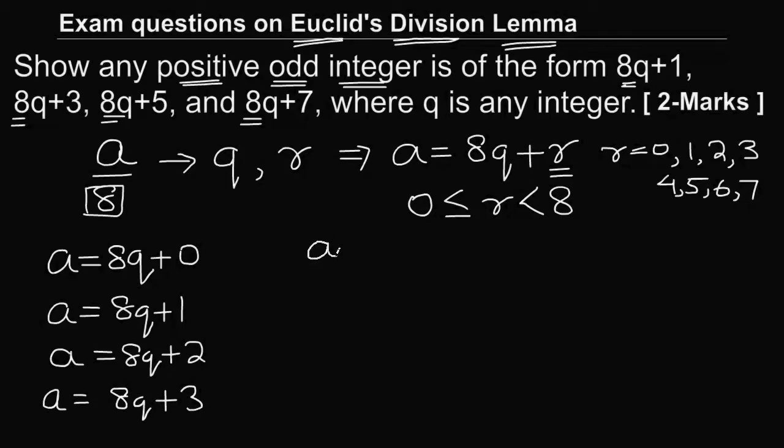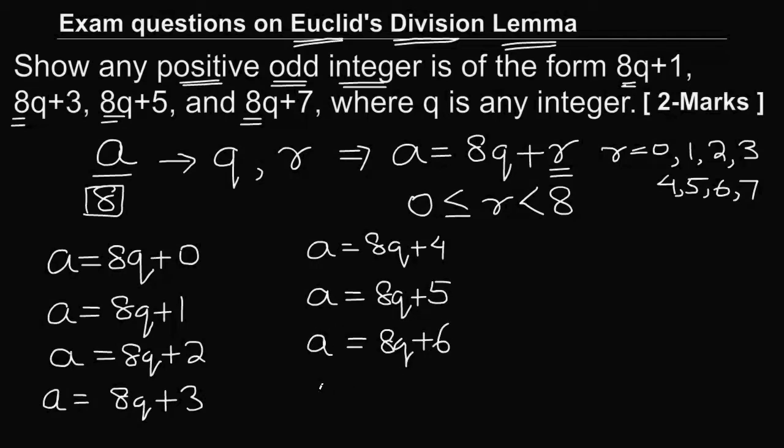Now let's write a equals 8q plus 4, a equals 8q plus 5, a equals 8q plus 6, and finally a equals 8q plus 7. So these are all the values for a.